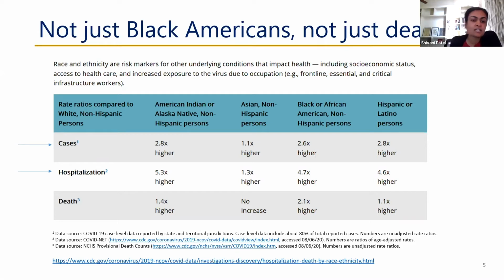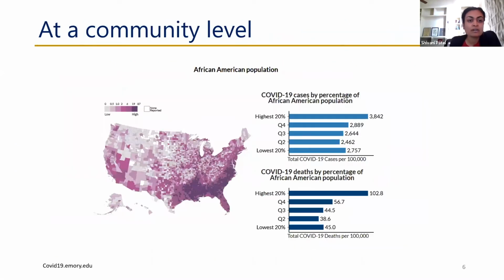But in addition to looking at these individual rate ratios, we can also look at COVID-19 by race at a community level. What this figure shows is the percent of each county that is African American in the United States, and the darker shading reflects counties with a higher proportion of African Americans.